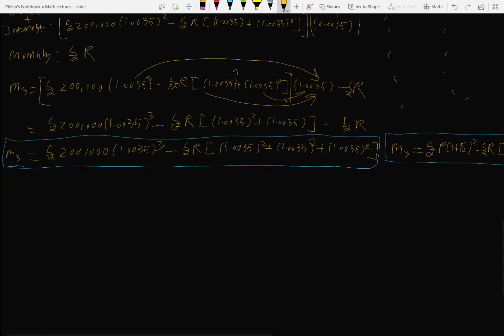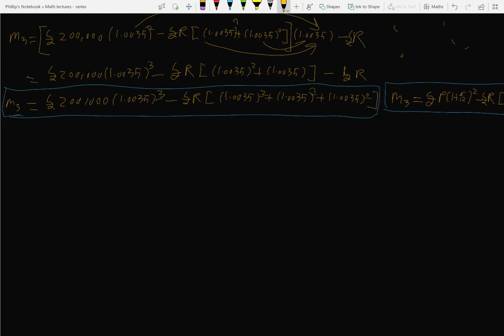So what we can say is if we carry on, generally we're going to have M underscore I equal to 200,000, so the ith term in the example. We're just going to have M underscore I is 200,000 times by 1.0035. This 3 here matches the 3 there, so this is going to be just I up here.